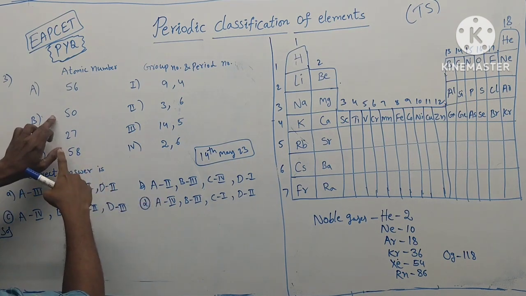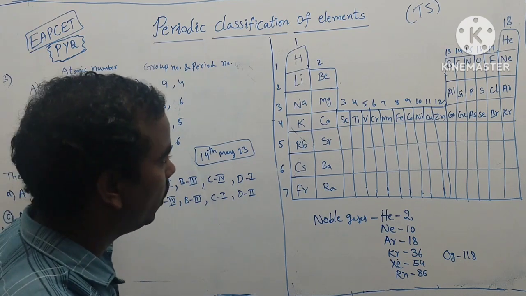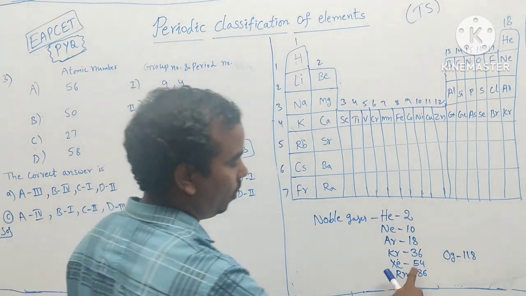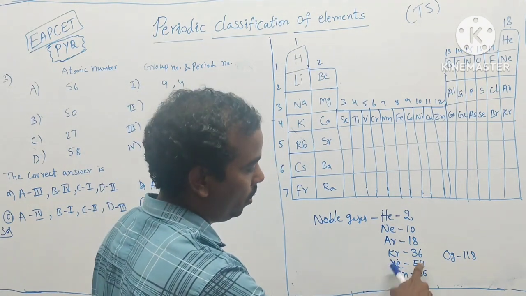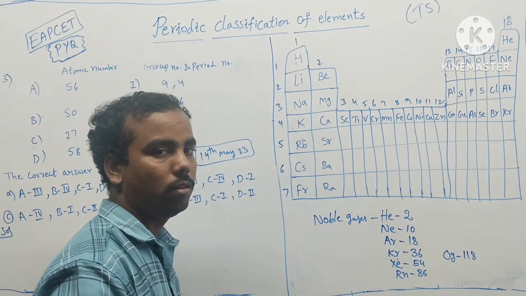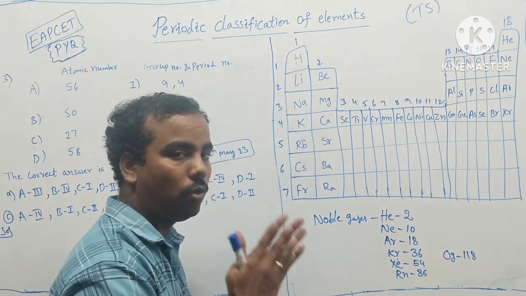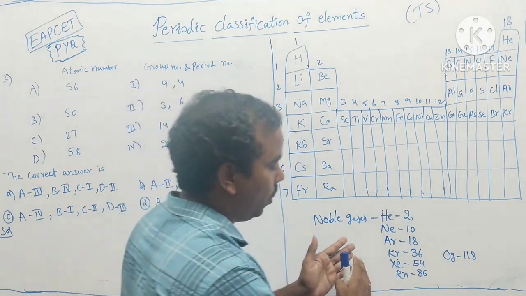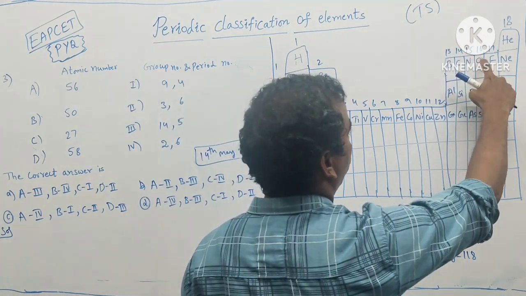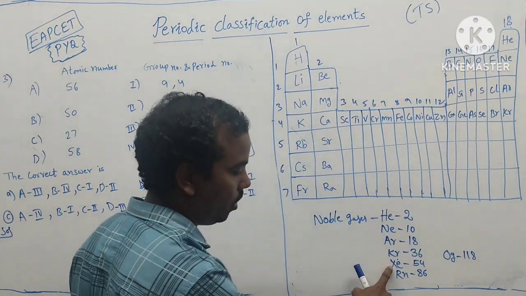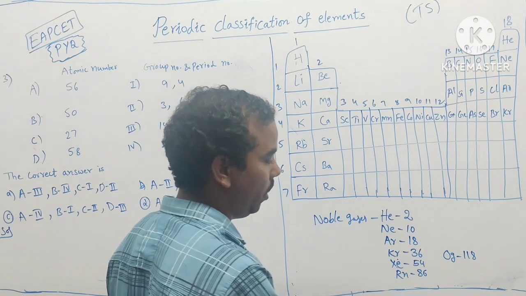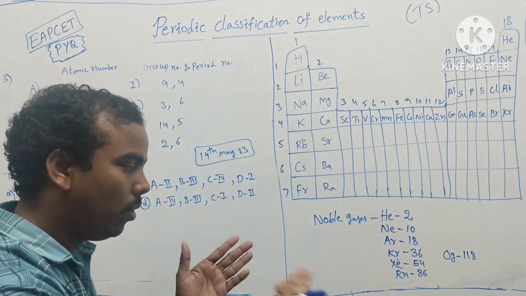Next, B. If you see B, the atomic number is 50. What is the nearest noble gas value to 50? Again 54. Before 54, 5 elements are only in the P block. How many groups in the P block in total? 6 groups: 1, 2, 3, 4, 5, 6. So xenon 54 is in the fifth period, and 50 is also in the same period.